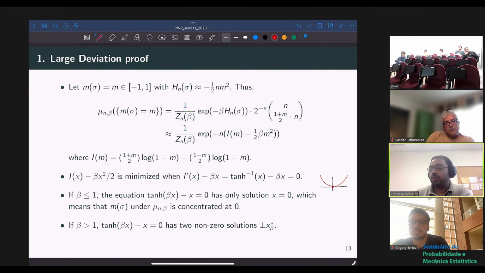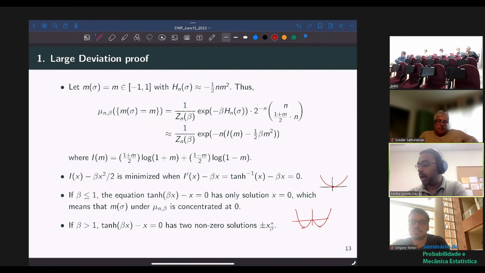And one can then show that the magnetization is concentrated around 0. Whereas if beta is bigger than 1, then the solution is different. In this case, we have plus or minus x star, and one can show that the magnetization is concentrated around these two points. But here we really need this sub-Gaussian tail decay because we are using e to the power x square properties.